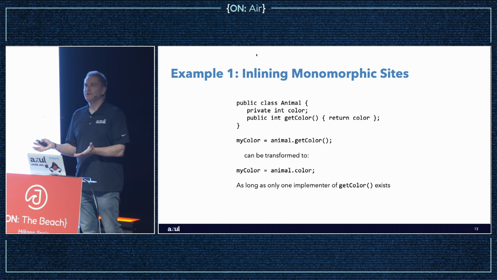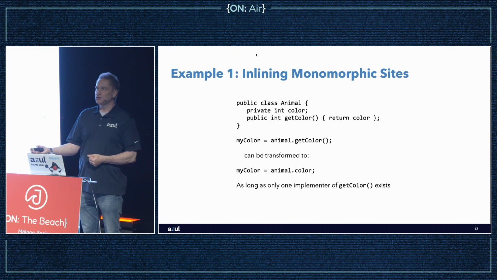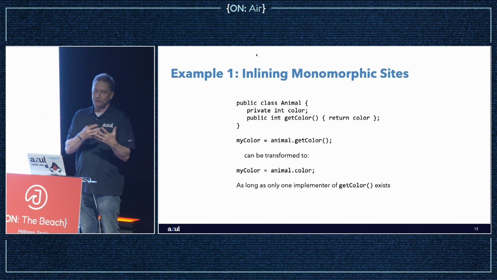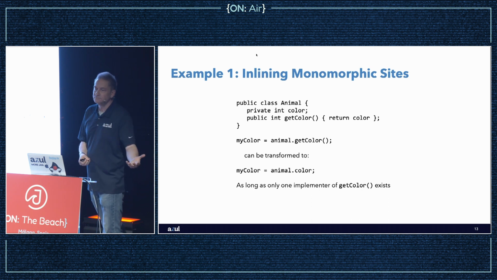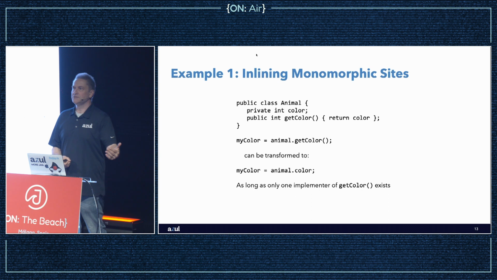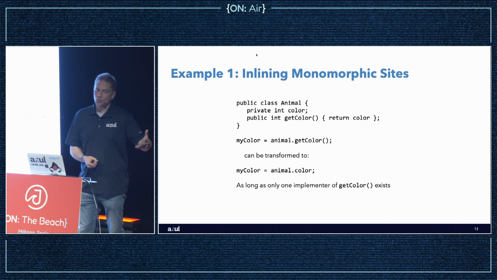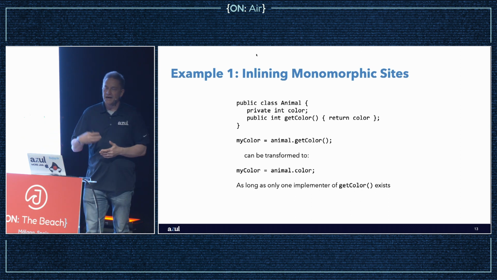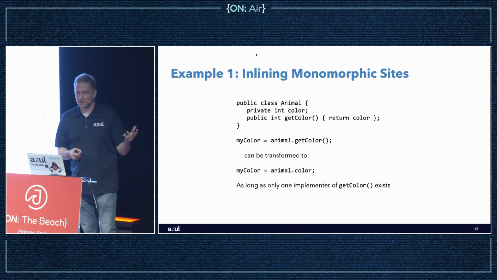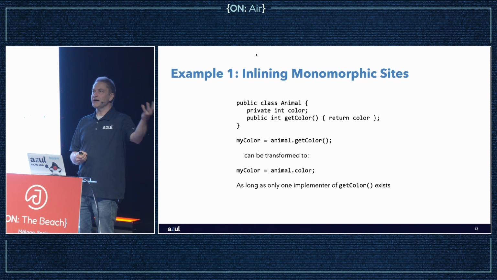Very common kind of thing we do in Java. It's object-oriented, so it's encapsulation. We create our class, we put an instance field here for the color, and then because it's private, we need an accessor method called getColor. All that does is return color. All good. Now we can use that in our code, and we can say myColor equals animal.getColor.